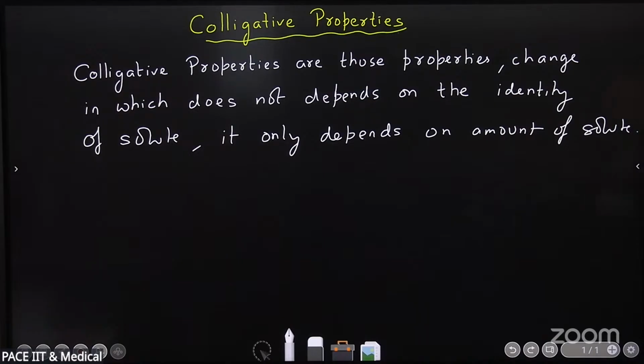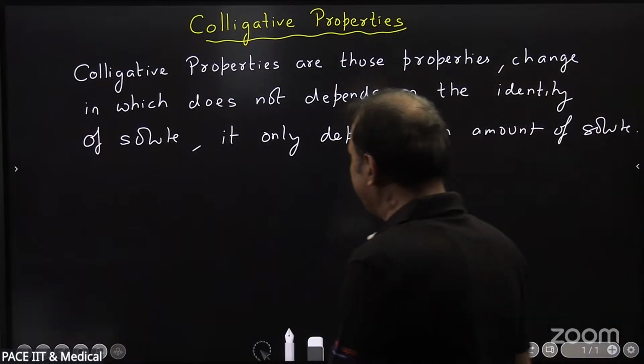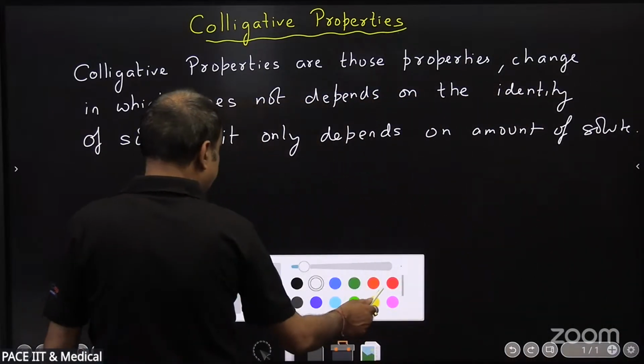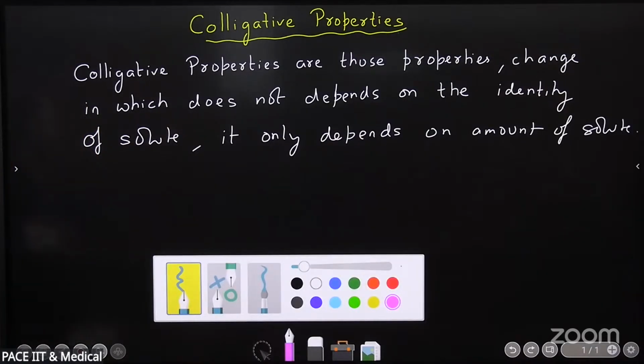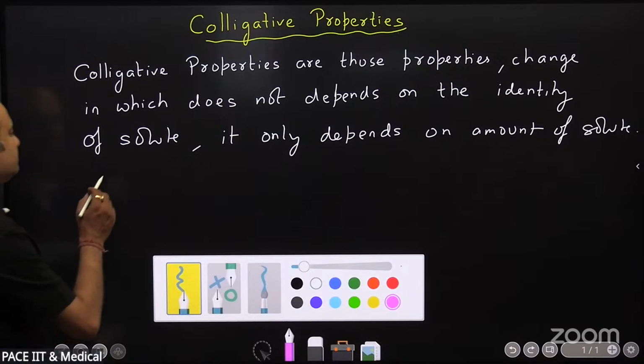So I hope definition is clear to you. What are colligative properties? Change in which will not depend on identity of solute. It will only depend on amount of solute.